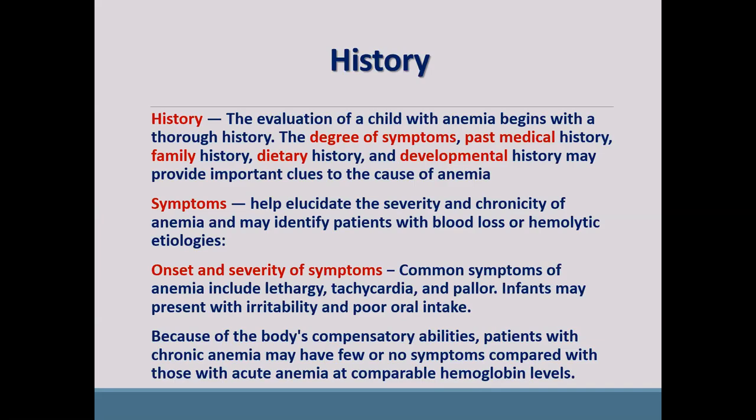fifth-year lectures. With these compensatory mechanisms, I will mention an increase in 2,3-diphosphoglycerate, which affects the affinity between hemoglobin and oxygen to make oxygen more readily delivered to the tissue, an increase in erythropoietin production by the kidney, redistribution of blood flow to more vital organs like the heart, CNS, and muscle, and finally an increase in cardiac output to compensate for this decrease in hemoglobin, especially when hemoglobin decreases below 7 grams per dL.